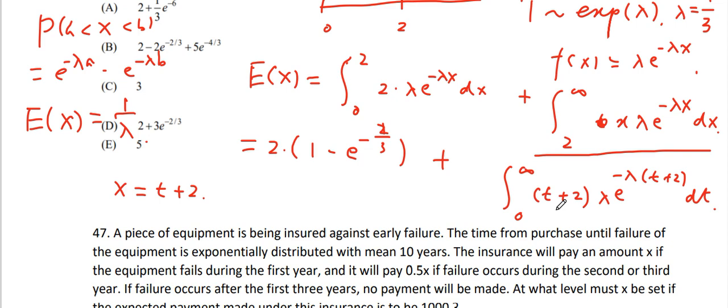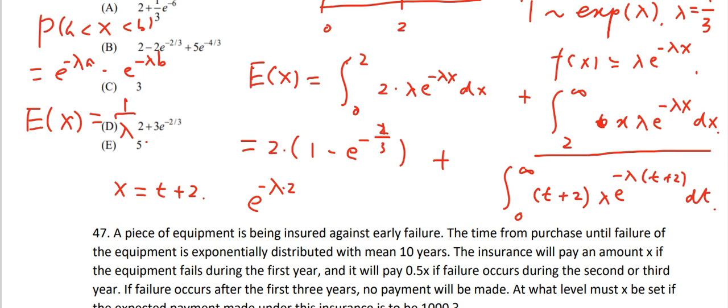So for this one, we need to use this substitution. Here we split into 2 parts. First take out e to the negative lambda times 2, where lambda is 1 over 3.